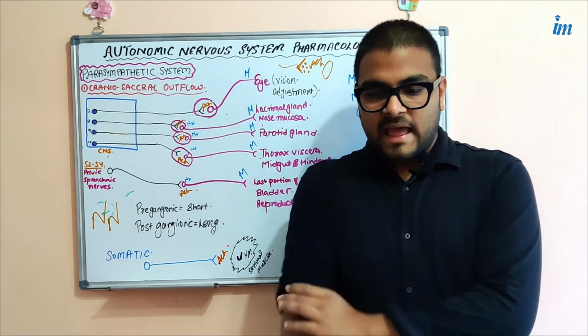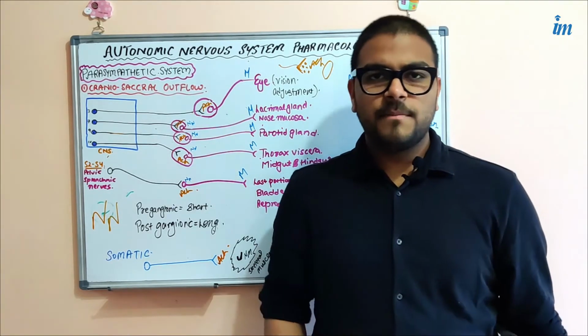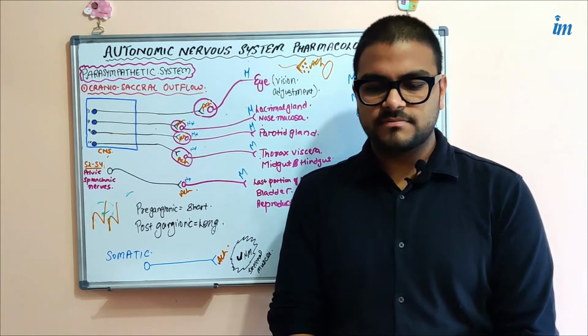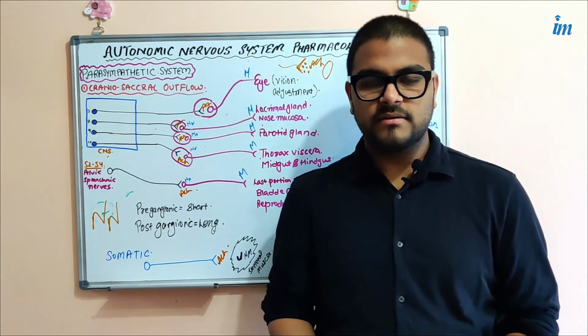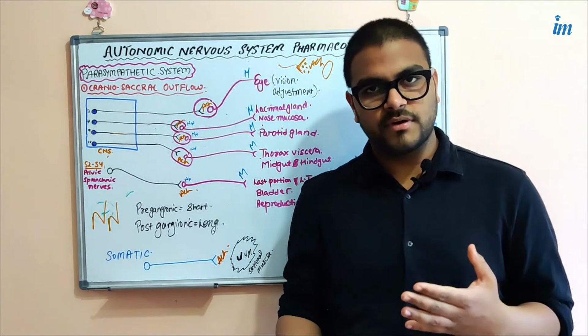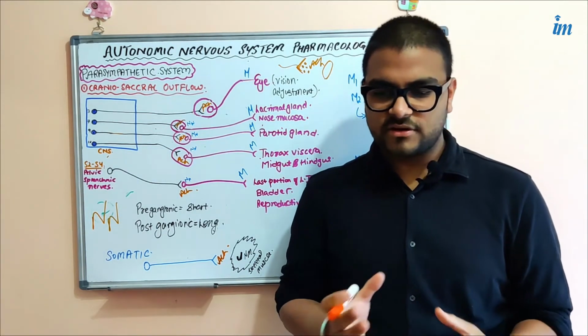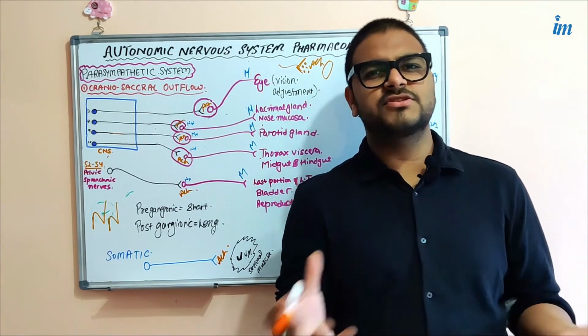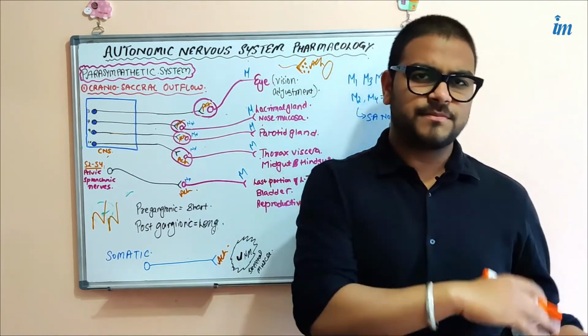Okay, and what about the penis? The erection of the penis is mediated by the parasympathetic system. And in metabolism, for example the liver and the adipocytes, they do not have parasympathetic muscarinic receptors, they have sympathetic receptors.